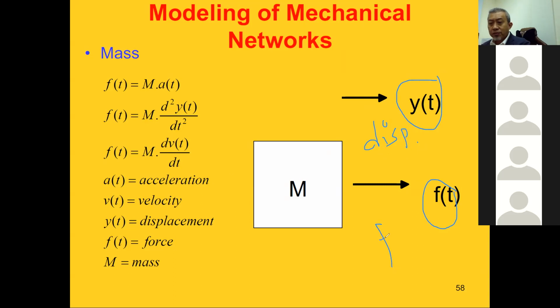So the force equation will become F equal to ma, where a is the acceleration, where F is equal to m d square y dt square, the differential twice of displacement, and F is equal to m dv dt, where v is the velocity.